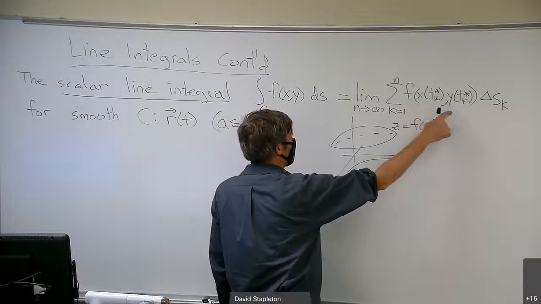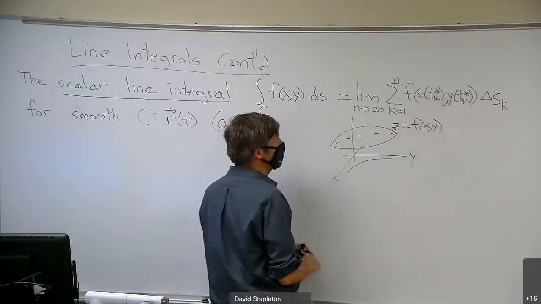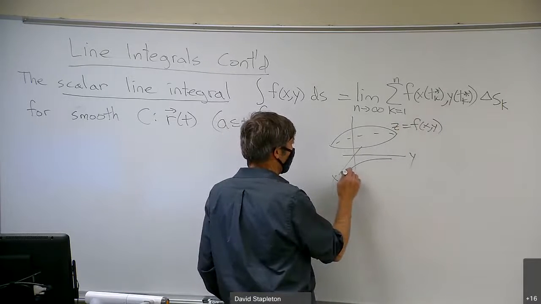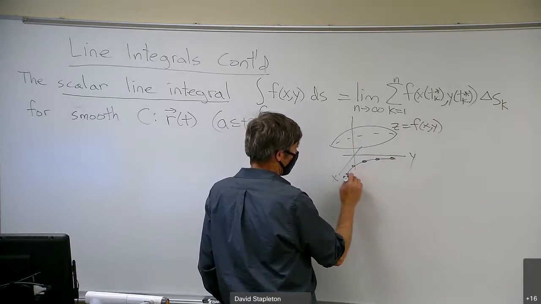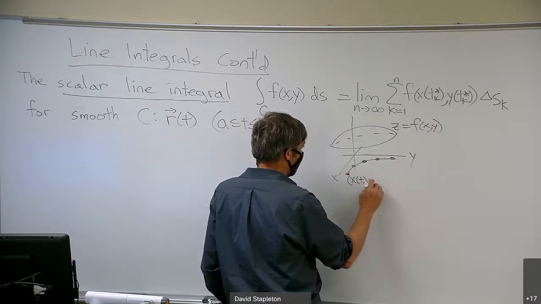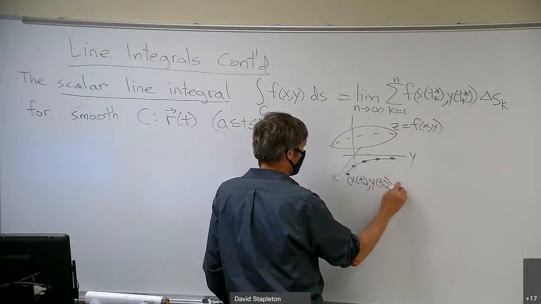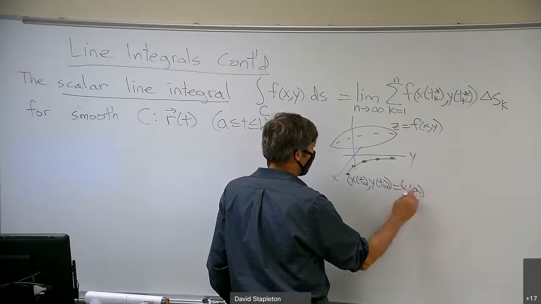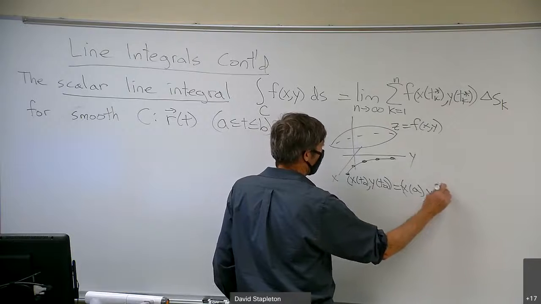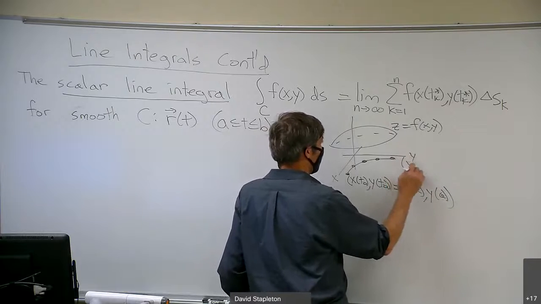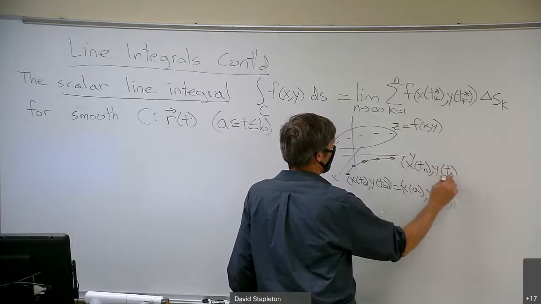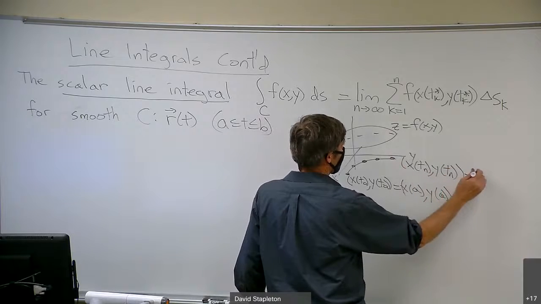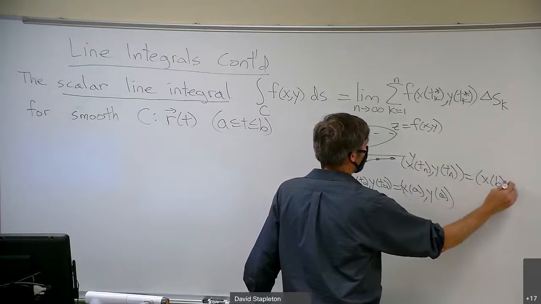So you're taking the height of the surface above this curve, integrating along between these points: x of t0, y of t0, which is also x of a, y of a, and the endpoint, x of tn, y of tn, in increments, which is also x of b, y of b.